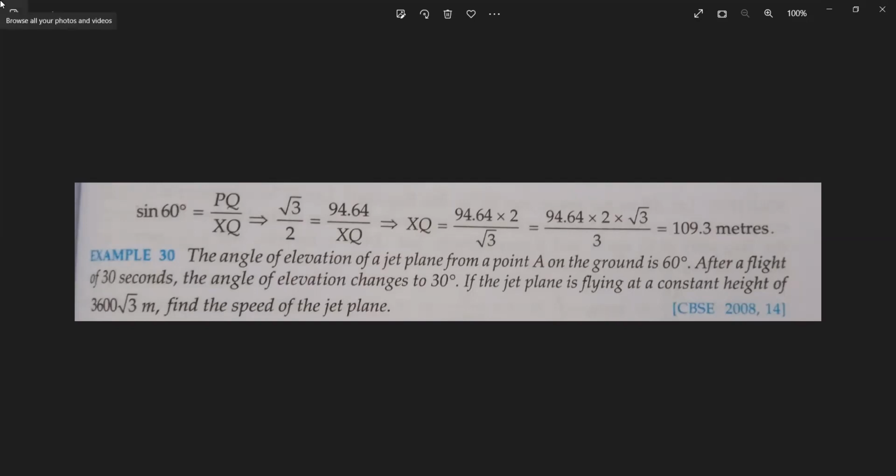Yes, Hamna, are you also trying to solve it? Yes, ma'am. Okay, give it a try and then tell me if you're not able to.